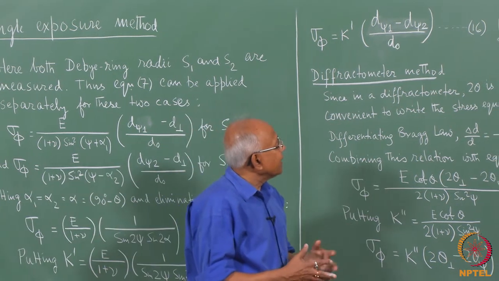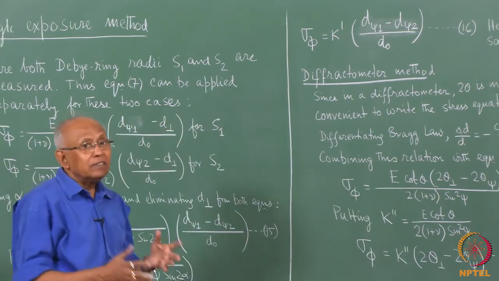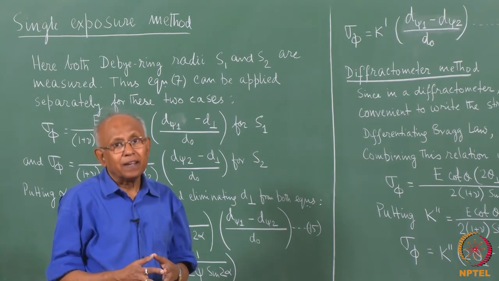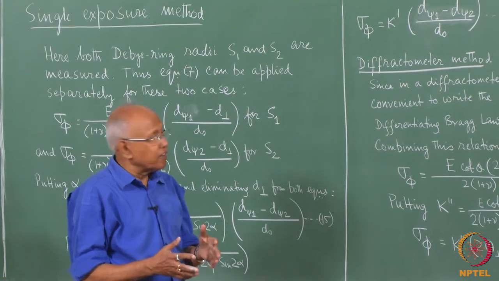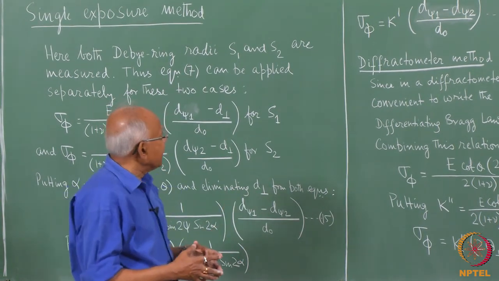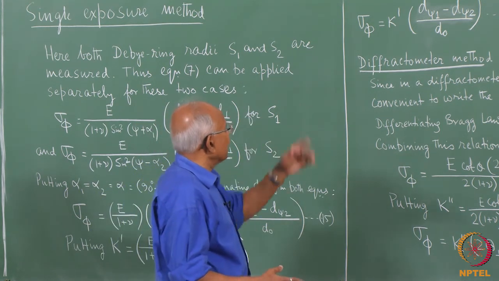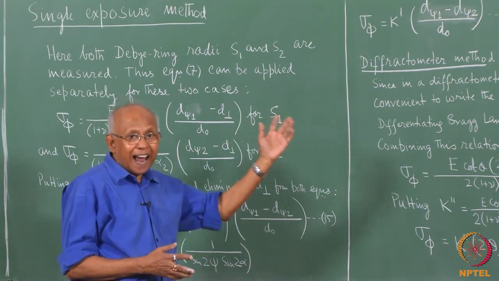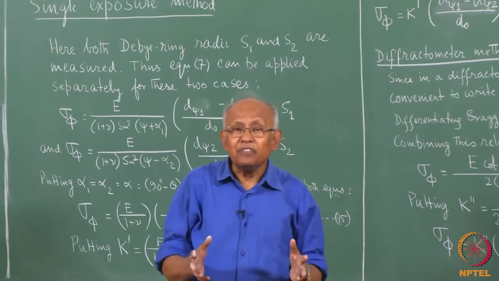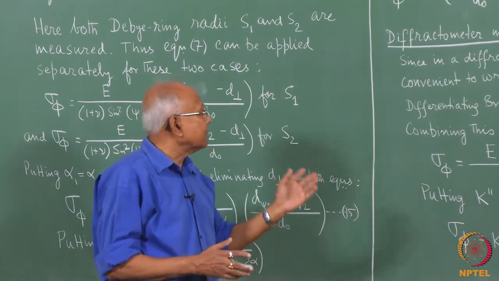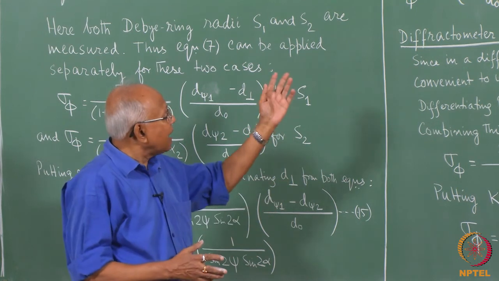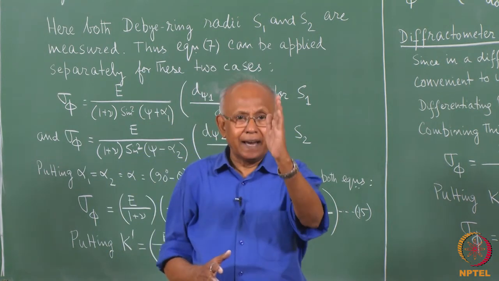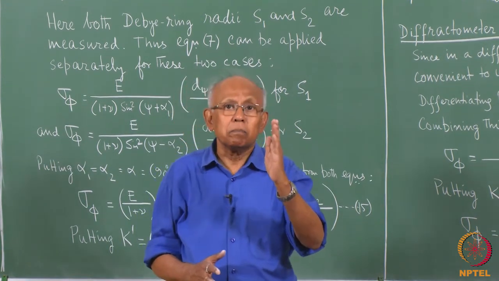That means d 0 is the plane spacing in the unstressed material. Normally, if we know the lattice constants of the material, it is possible to figure out the value of d 0 in any case. So, the advantage of this method is that the total time taken for the measurement is roughly half of the time taken in the double exposure method, because here we are not carrying out the normal incidence X-ray back reflection pinhole photography.